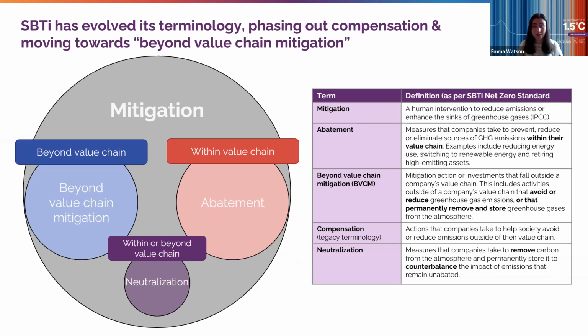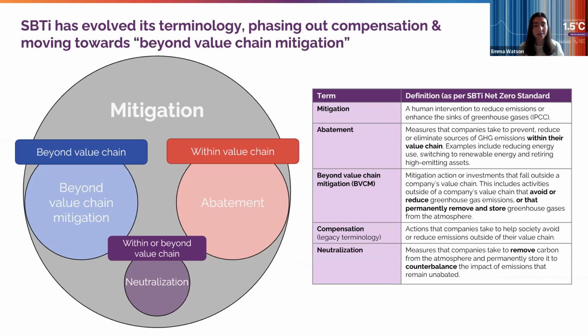So it's not limited to removals, and it's not limited to avoid/reduce emission reductions. We have the term compensation here just for reference, but we are phasing that out. However, this was a term to describe actions that companies would take to avoid or reduce emissions outside of their value chain. So noting here that it didn't include removals.